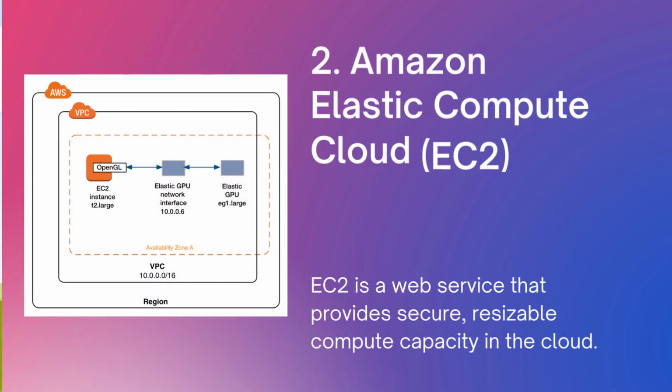Next service we are having is Amazon Elastic Compute Cloud, also known as EC2. So EC2 is a web-based service that provides secure, resizable compute capacity in the cloud. It is designed to make web-scale cloud computing easier for developers. And EC2 also provides us with the ability to launch virtual machines, which are called instances, and run them in the cloud.